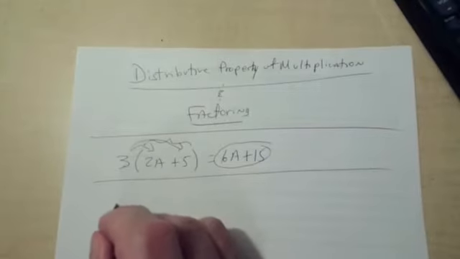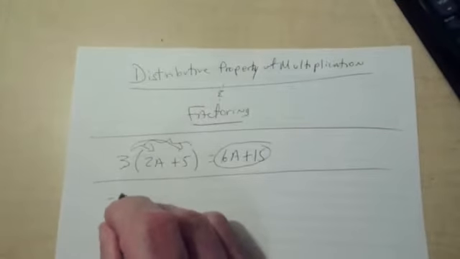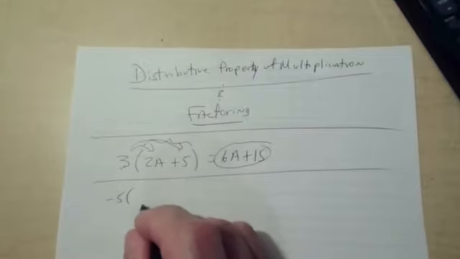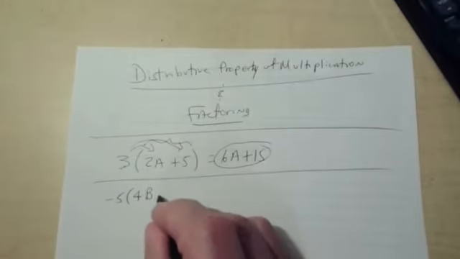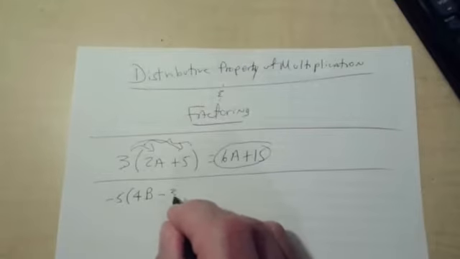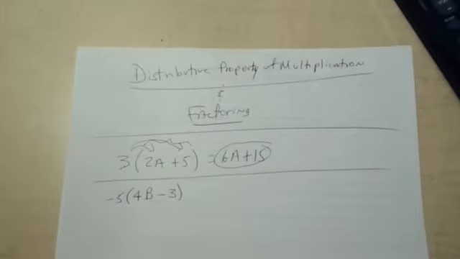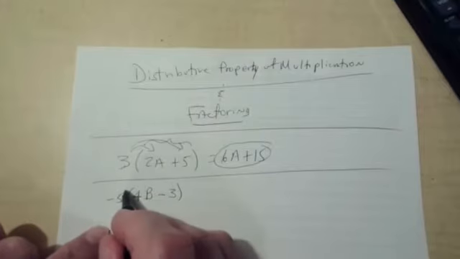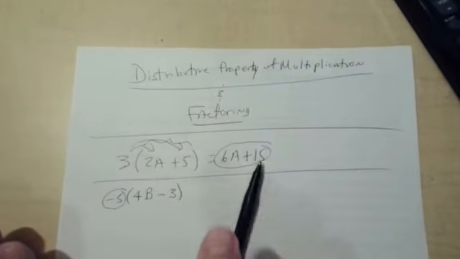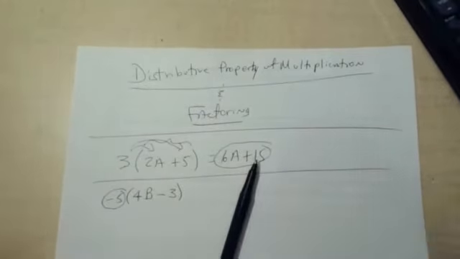Okay, so what if we have negative 5 times (4b minus 3)? Again, now we're going to multiply the negative 5, not just the 5, but the negative 5 times all of the terms inside of the parenthesis.